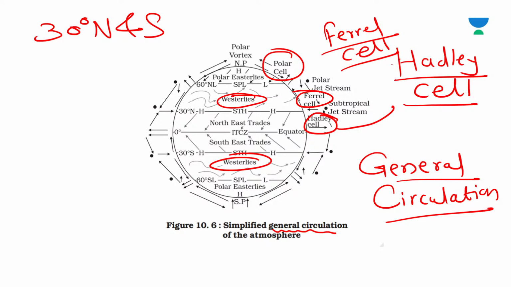Now the air at the ITCZ rises because of convection caused by high insolation, and low pressure is created. So the winds from the tropics converge at this low pressure zone, and the converged air rises along the convective sail.